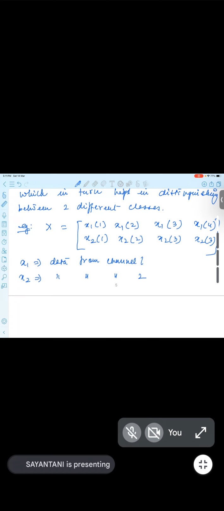Okay. Now let me show it with the help of a mathematical example. Suppose I have the first data set that belongs to class 1 and it looks something like this.